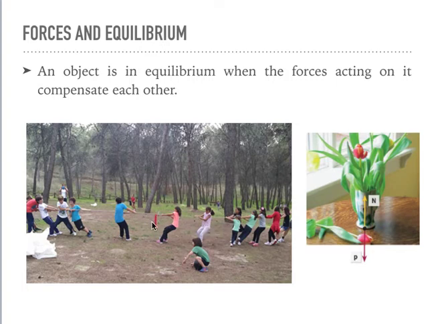You don't move not because you're not doing anything, you are pulling, you are applying a force. You're not moving because you're applying the same exact force as the other team. So when you do the same force in two opposite directions, you're not going to move. You're in equilibrium.